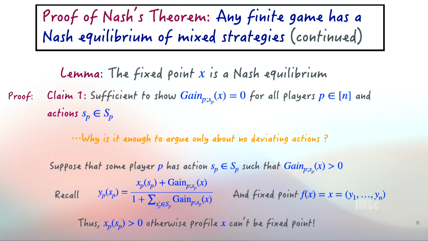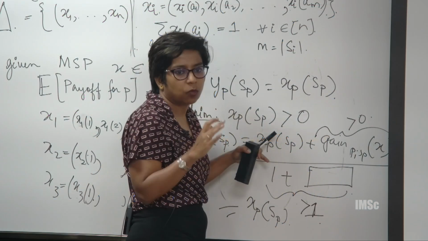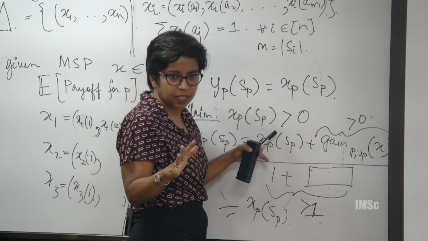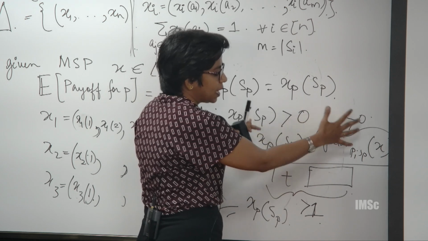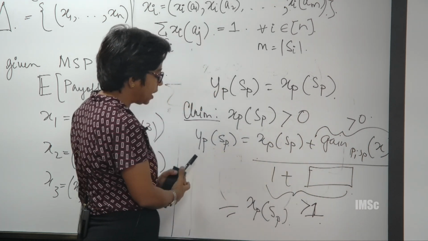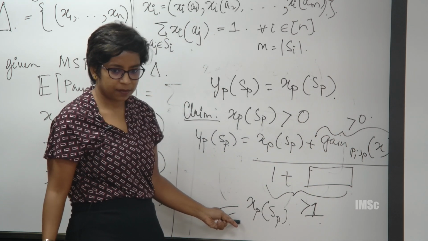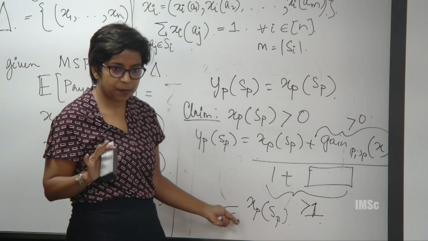Whatever X_p is, whether it may be 0 or not, doesn't matter. I am trying to prove this, right. The numerator has already become something greater than 0 because this quantity is greater than 0, correct. And the denominator is not 1, correct. So, how can this whole thing now be equal to X_p regardless of whether it is 0 or not?